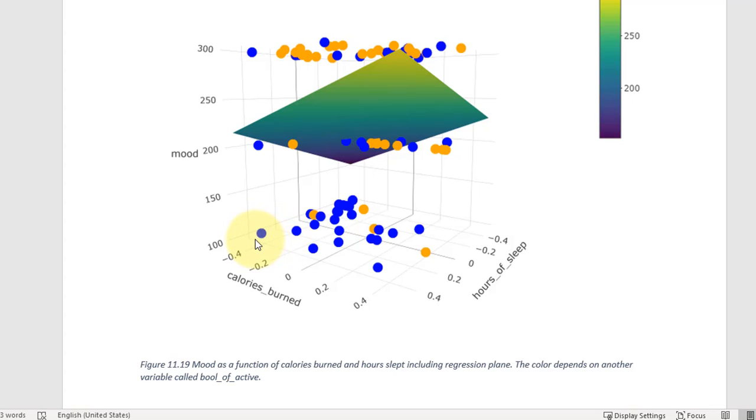We have a way to measure their mood. Now, one thing that's kind of unfortunate about this data set is that there are only 3 different levels for the mood. So you can see all the dots are up here, here, or here. So there's only 3 possible values, 100 for the mood, 200, or 300.